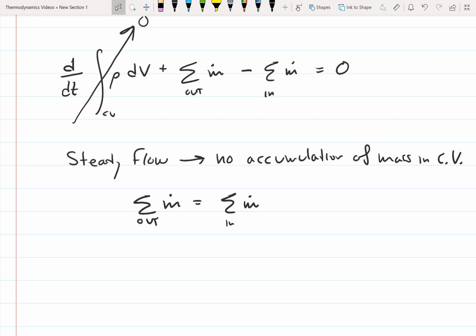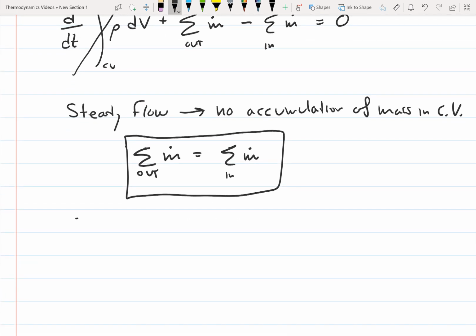So then, since the mass flow in is equal to the mass flow out, this is the case of steady flow. Let's say that we have a single stream, because this equation is summing all of the streams that we have into or out of the control volume.